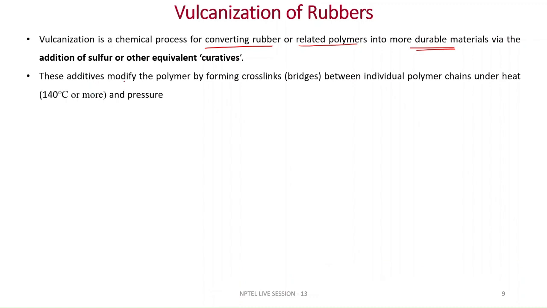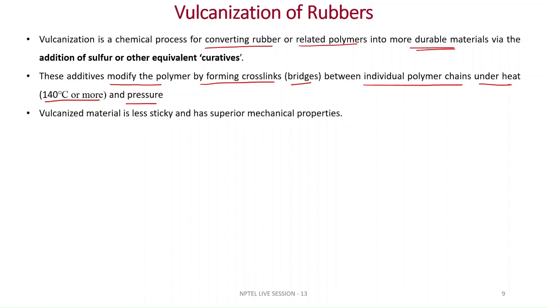These additives modify the polymer by forming cross-links or bridges between the individual polymer chains under heated and pressurized conditions. The temperature is maintained above 140 degrees Celsius. The vulcanized material will be less sticky and has superior mechanical properties.